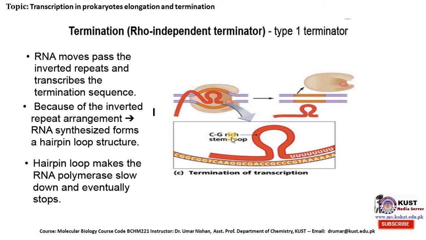This CG rich stem loop is shown here. The RNA that has formed is separated. The RNA polymerase is also separated. So this process overall shows that the termination of transcription has taken place.